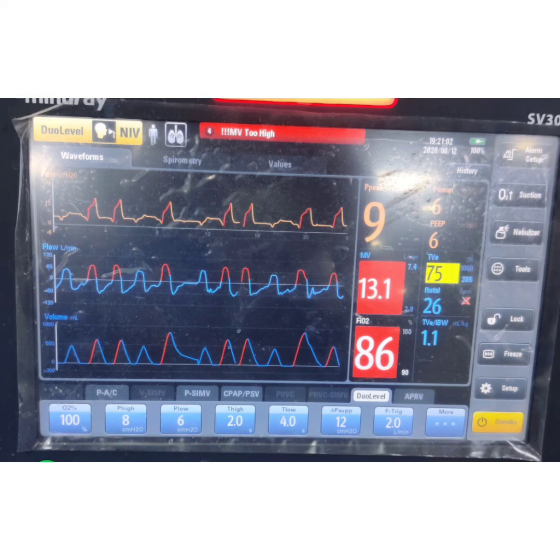So the positive pressure wave does not indicate inspiration and the flat wave does not indicate expiration in duolevel mode. Instead, inspiration and expiration can occur during the positive pressure wave and the low pressure wave also.